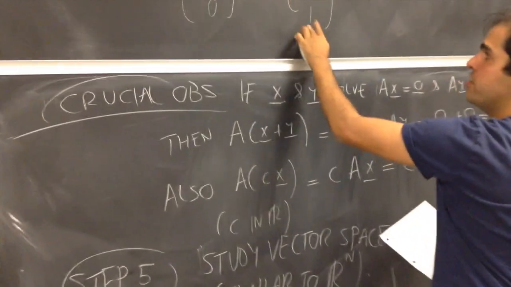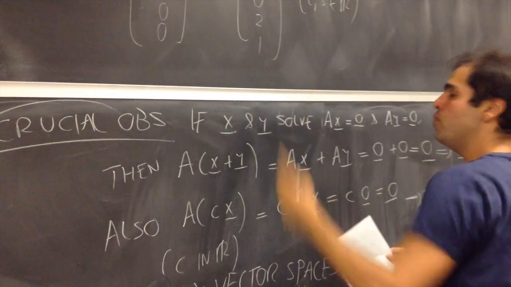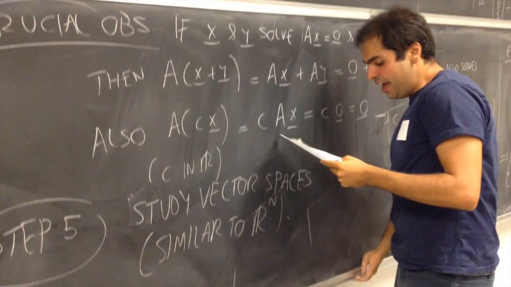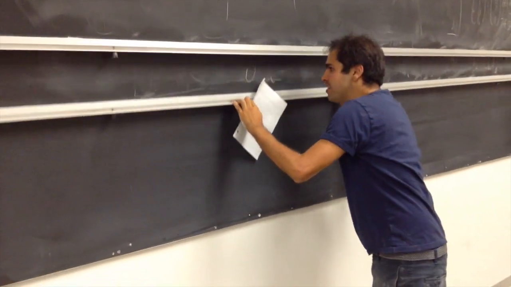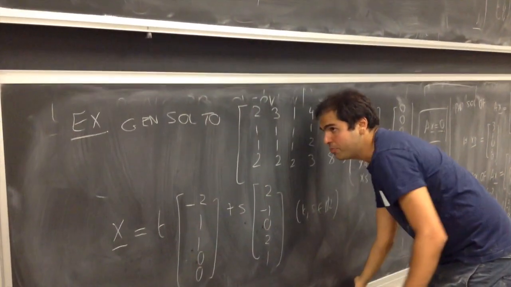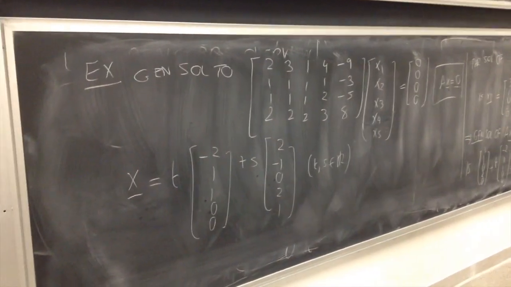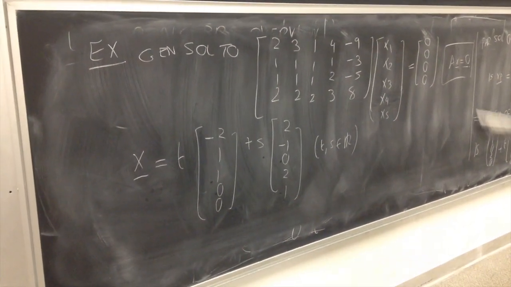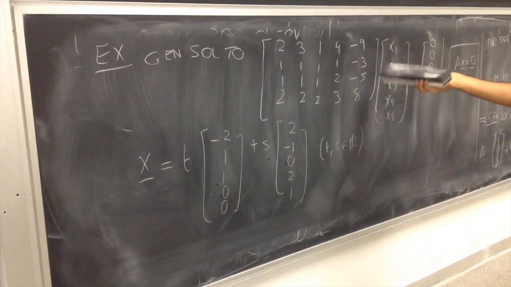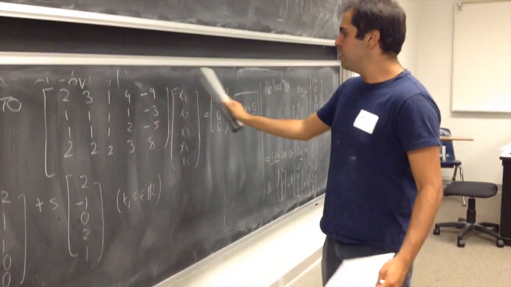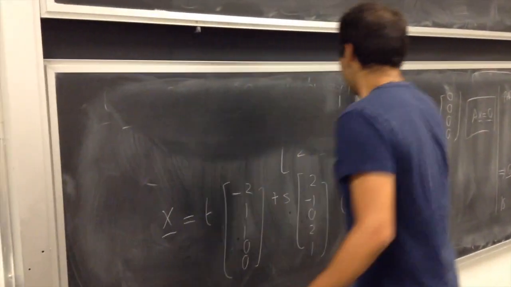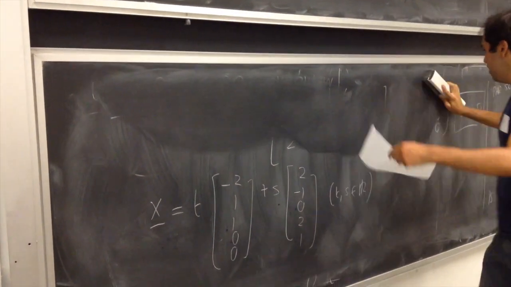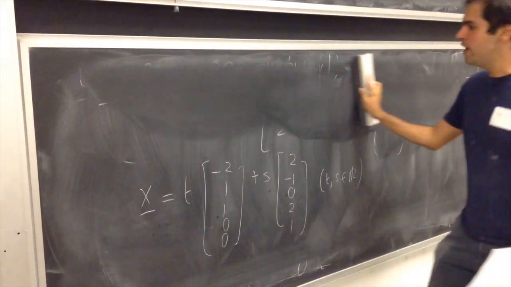In other words, if we just have info about those two vectors, we can get any x of this. And the reason this is so nice is because this gives us a geometric interpretation. It tells us that the space of solutions, and remember that was our original goal in linear algebra, to study the space of solutions of this equation, is actually just a plane, sort of guided by those two vectors.